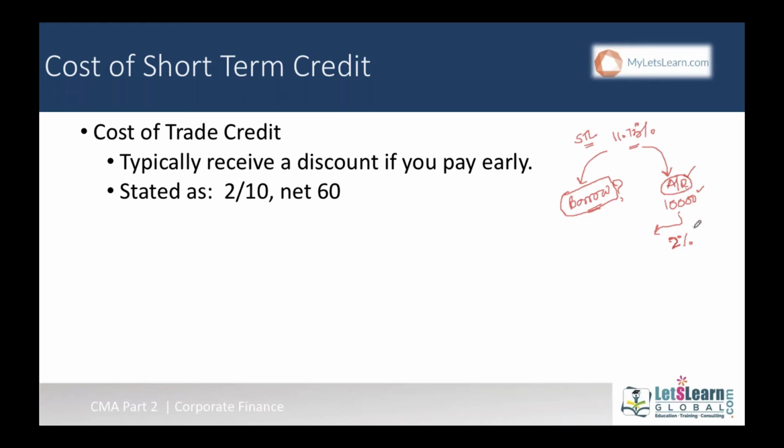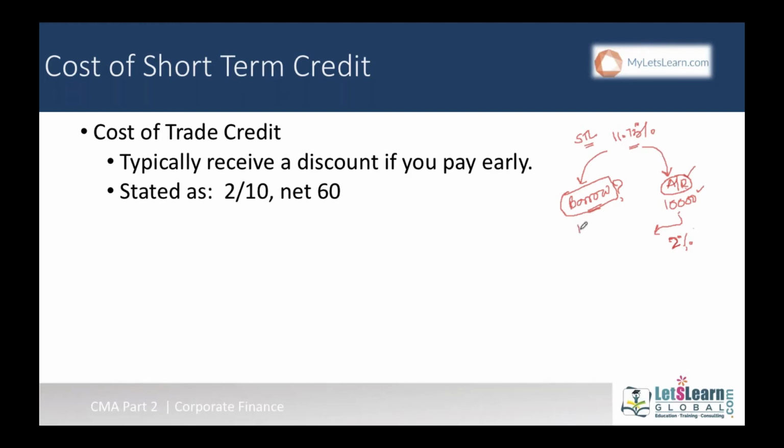When the cost of giving a discount to customers is cheaper than the borrowing rate, better you give a discount to your customer. But when it's costlier than a short-term loan, tell your customer to pay on the due date.